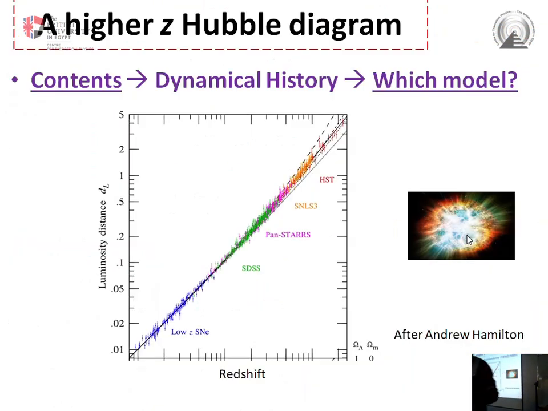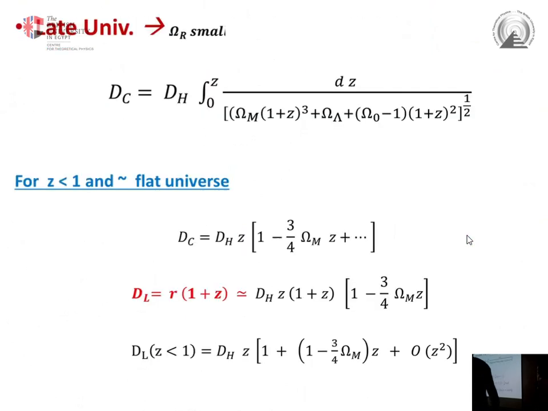So we need to know which model fits the data. Which model of our FRW, with the Friedmann equation, fits this data. And just to give you an idea what to expect, I did an expansion to first order in terms of omega m, which is the omega matter.